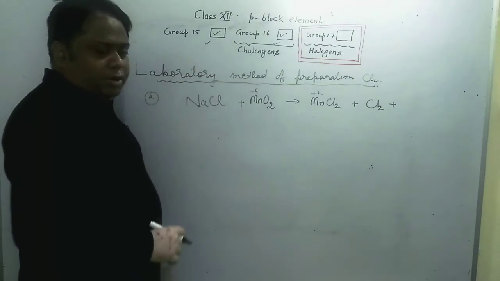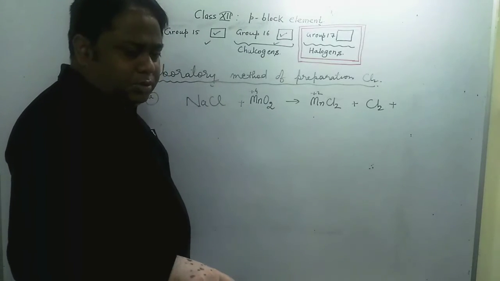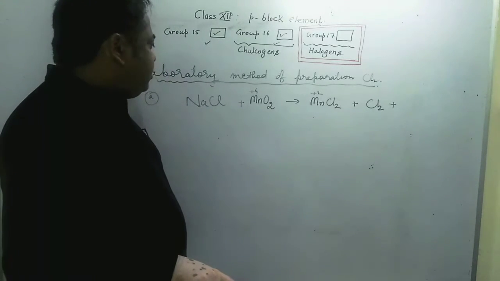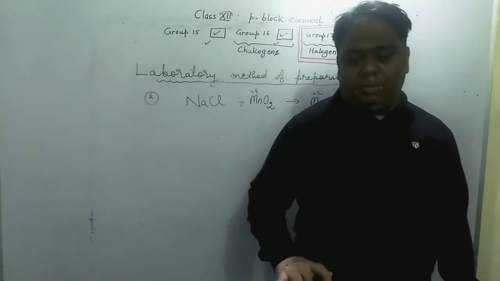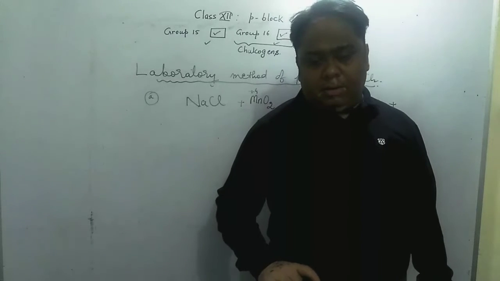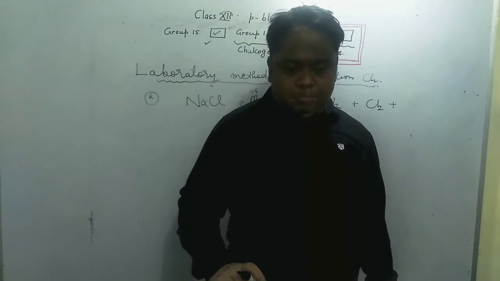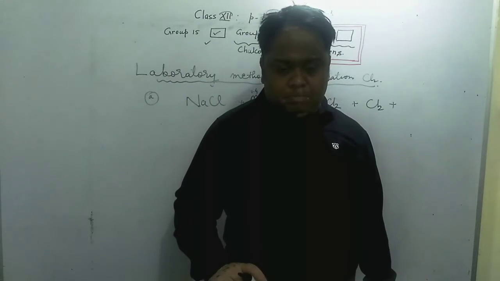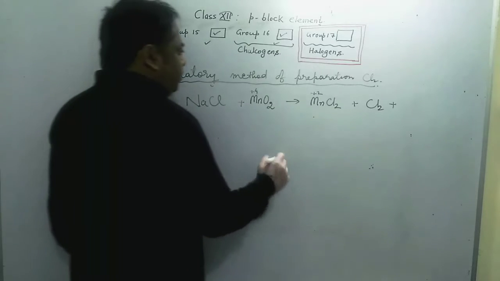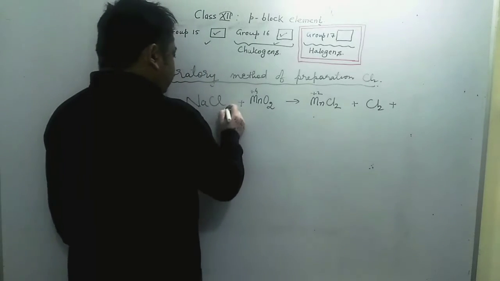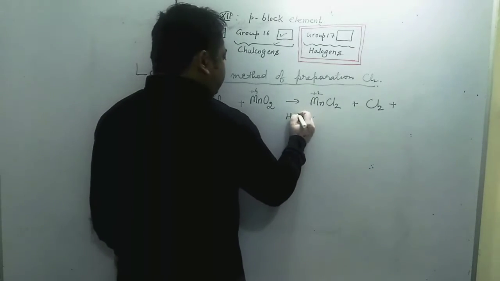And what will happen to the sodium? Sodium we have not used here. We have used NaCl. So Na+ with water will form NaOH, but to dilute this or to make it ionic we will use H2SO4.